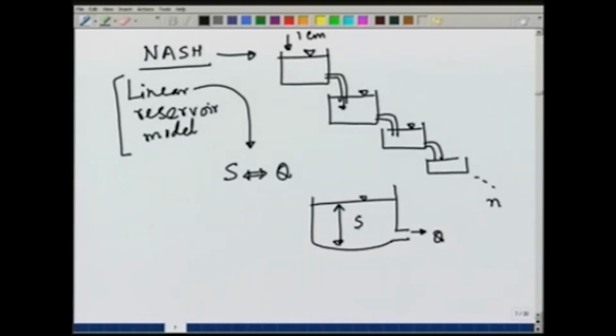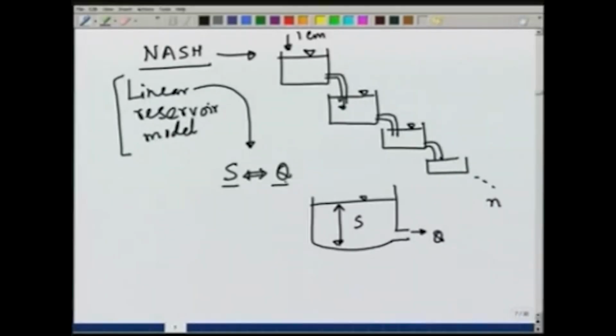So, both storage and outflow are functions of the height in the reservoir, and therefore, the concept of a linear relationship between S and Q has been used by a number of investigators. They say that Q and S can be linearly related.